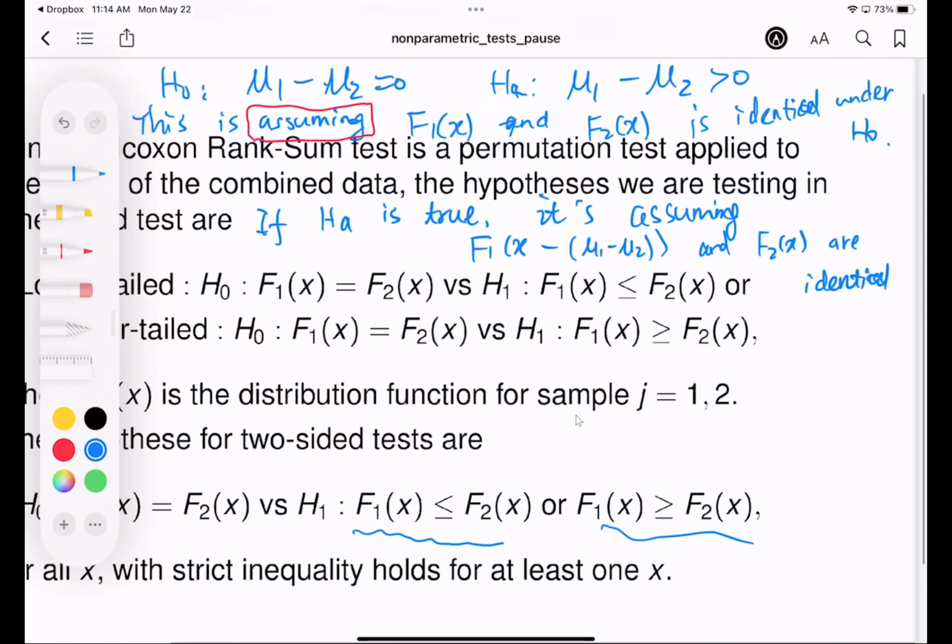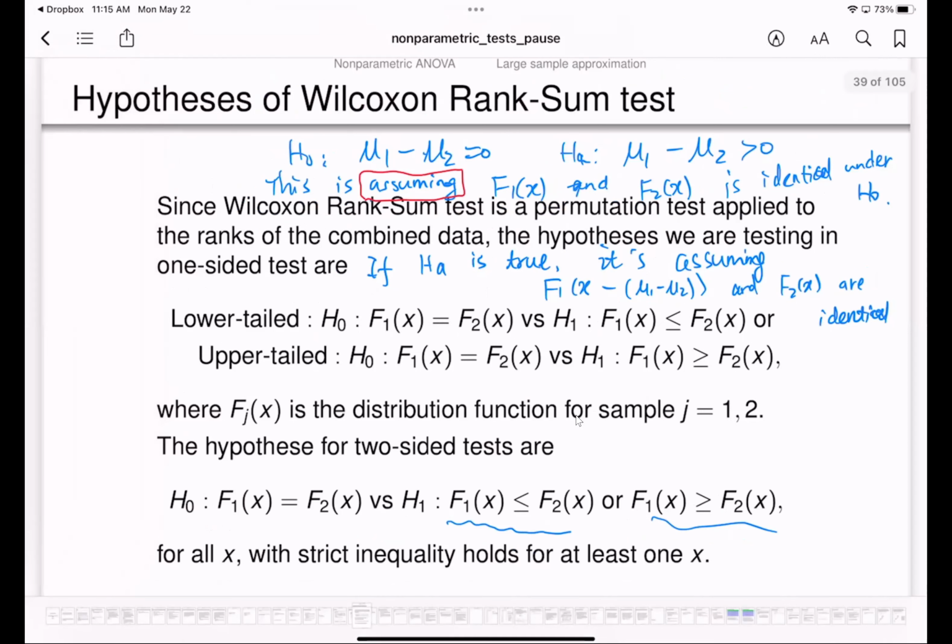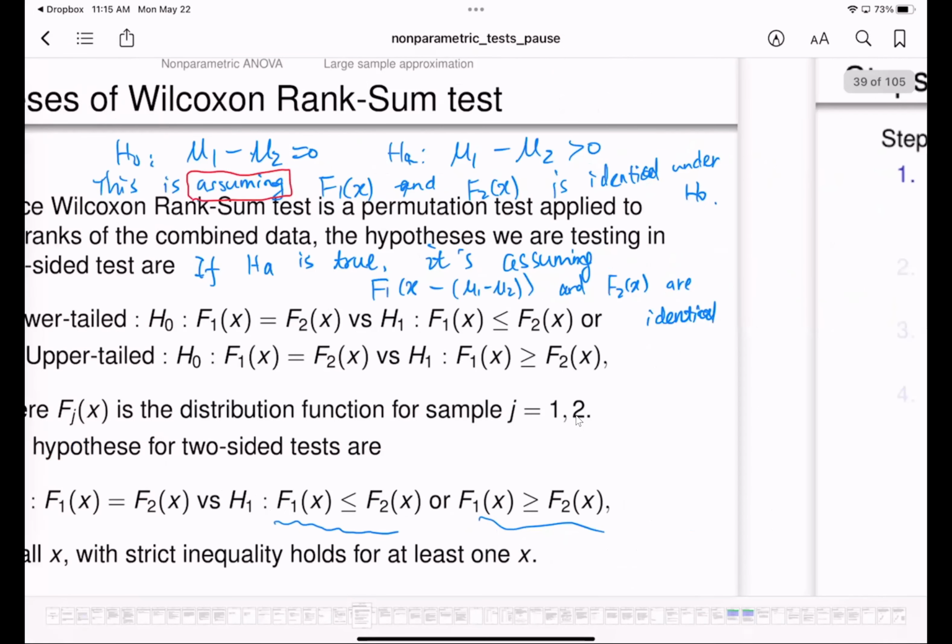So as you see, if you are trying to write the hypothesis in terms of population parameters mu1 and mu2, then you are making additional assumptions. And if the hypothesis is rejected, you really do not know if it's because the assumption is wrong or because your hypothesis is not really supported. So just keep in mind, the real hypothesis should be in terms of the population CDF rather than in terms of the parameters. If you're forced to test population parameters, that requires additional assumptions.